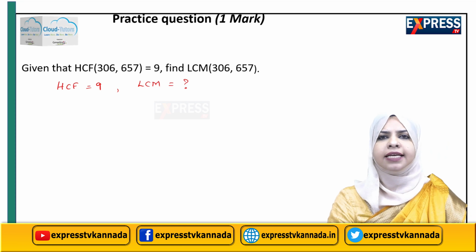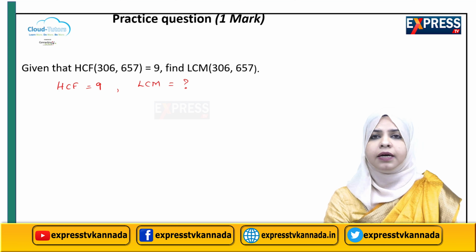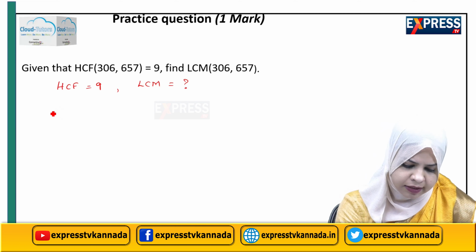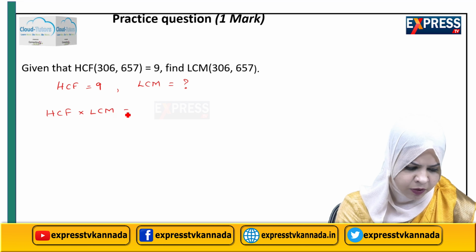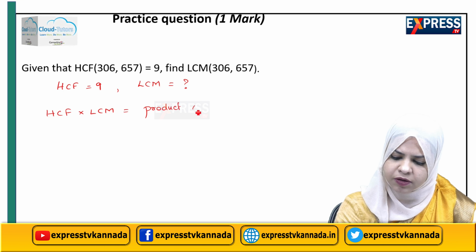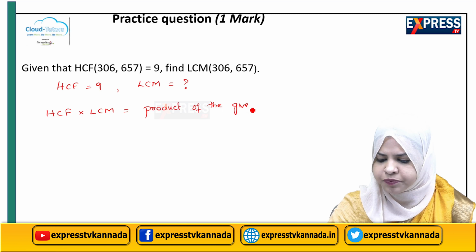It is 306 and 657. So how do we find the LCM of these two numbers? We know the relation between the HCF and LCM. HCF into LCM is equal to the product of the given two numbers.